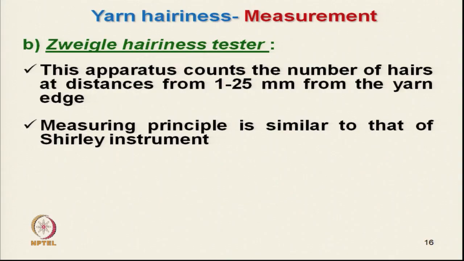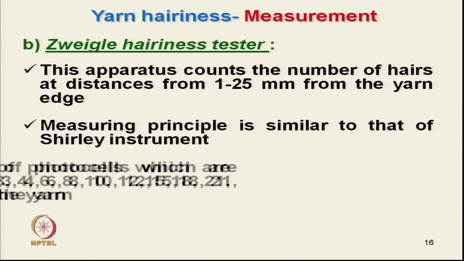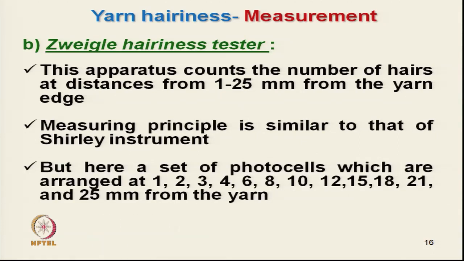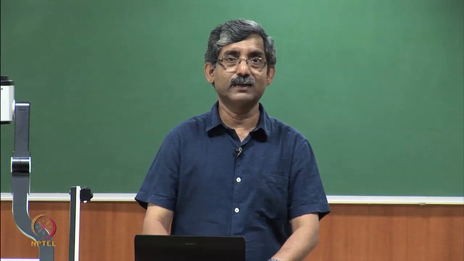Now, the measuring principle, as I have mentioned, is similar to the Shirley instrument, and here we have a total of 12 sets of photocells. Typically they are at different distances from the yarn surface: 1 millimeter, 2, 3, 4, 6, 8, 10, 12, 15, 18, 21 and 25 millimeter from the yarn, and that initial setting we can do by proper initial adjustment.